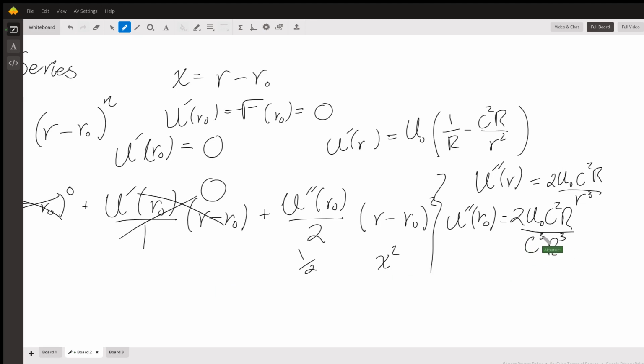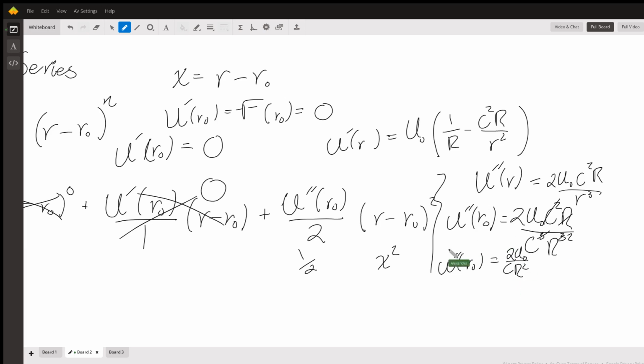And so then we cancel out all the c's on top, and we're left with the c on the bottom, and one of our r's up here, and we're left with an r squared term down here. So u double prime of r naught is just equal to 2 u naught over c r squared.